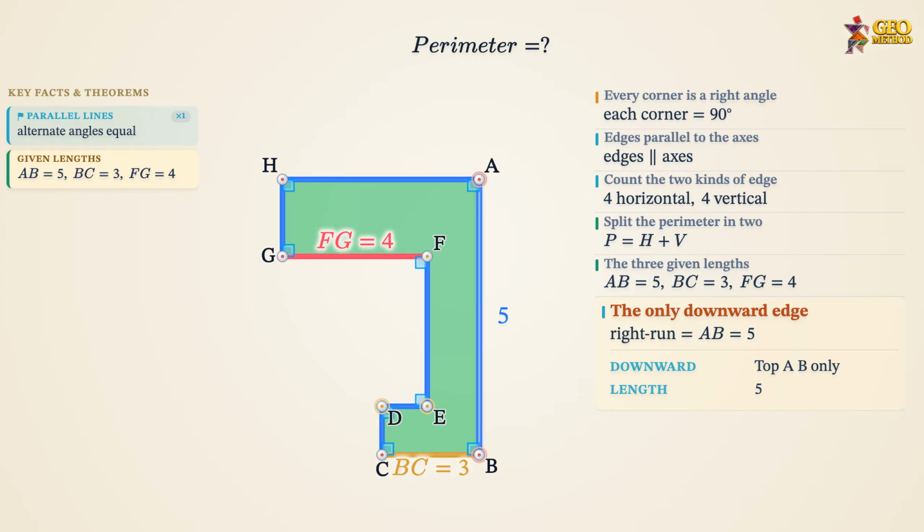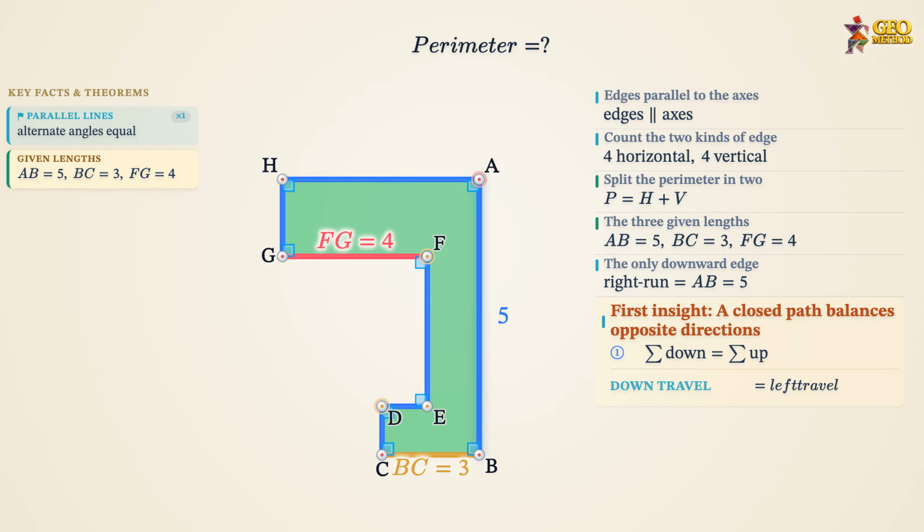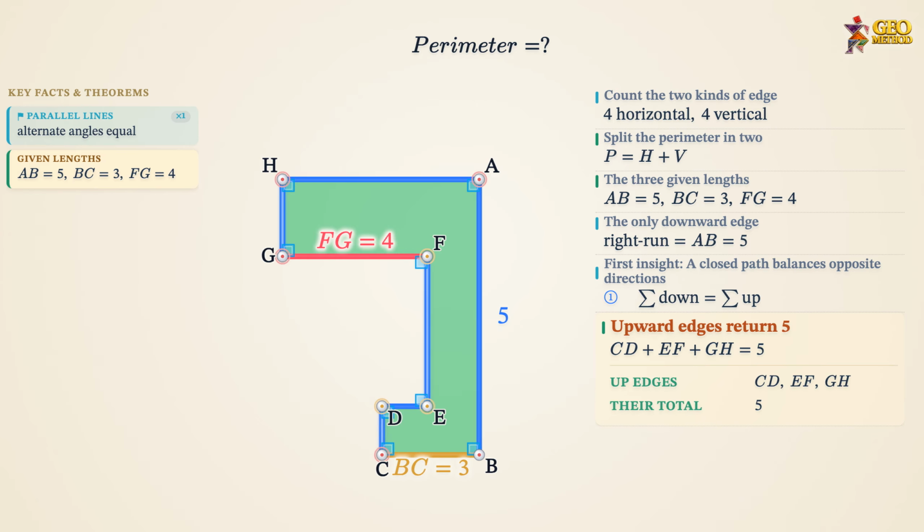Start with the vertical edges. Walking around the boundary, only one of them ever points down. The right edge from A to B, worth 5 units. Every other vertical edge points up. Our first insight is this: a closed path balances opposite directions. Apply that rule.